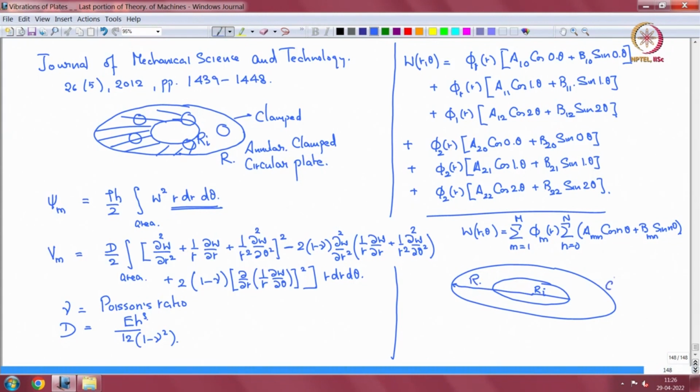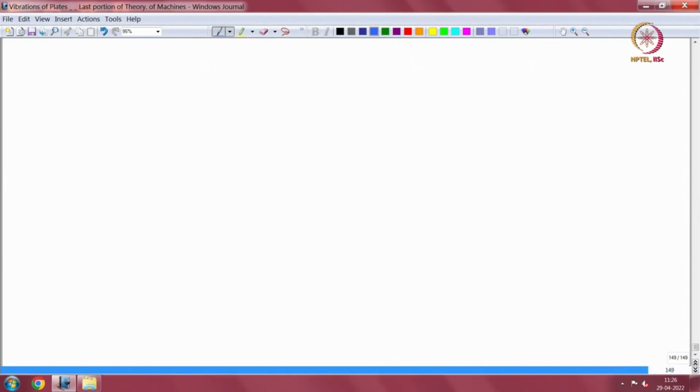We will look at, say, clamped for now, clamped on the outer boundary. Okay. So now the first choice phi 1 of r is d1 times r square minus capital R square whole square.